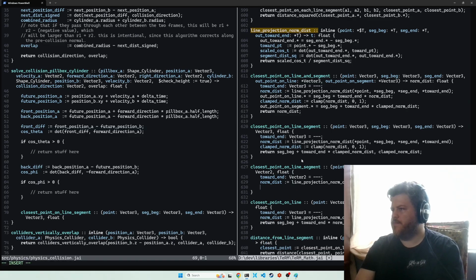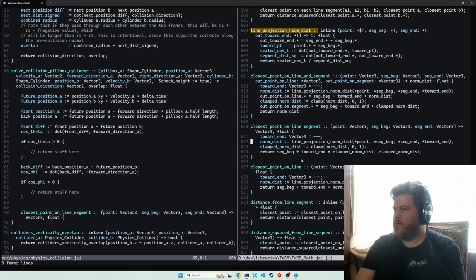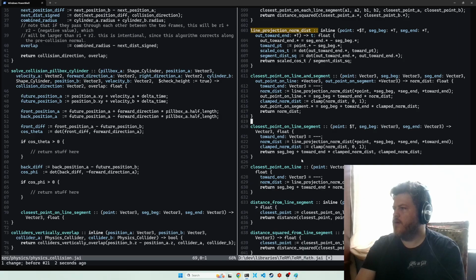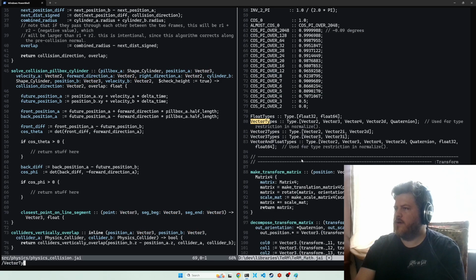Okay. You know what? You could do the same exact thing with this one. Should just do that. So it should be vector types really. Oh, shoot. So vector types. Vector 4. I mean, yeah.